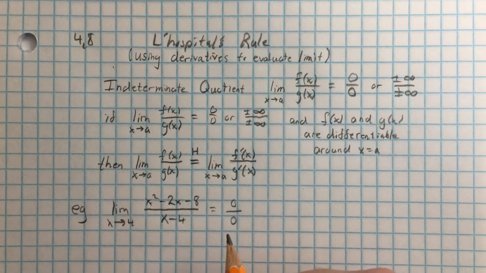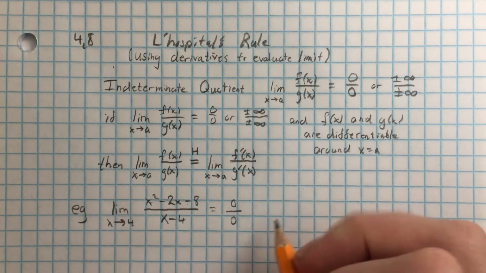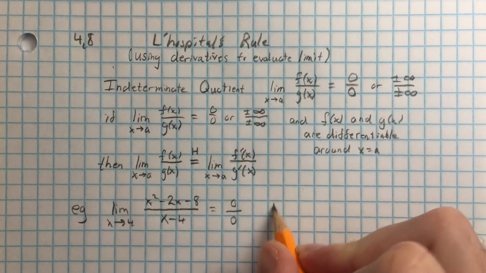So it states now that we can go ahead and take the derivative of the top and the bottom separately and reevaluate the limit after the fact, and it'll be the same as the original limit. Now, in former sections, we would have just factored and canceled, most likely, right? So certainly a possibility here.